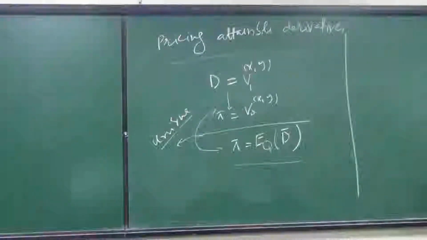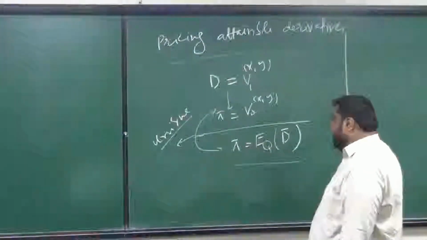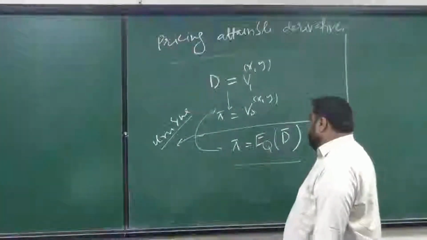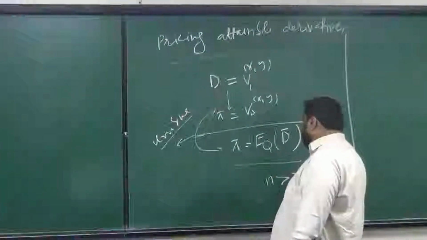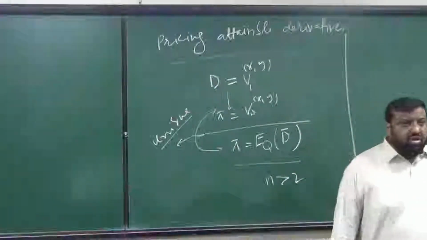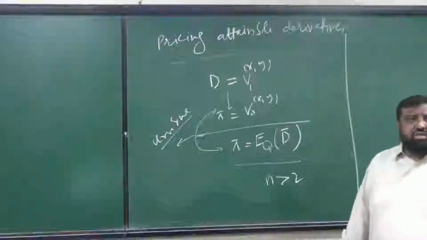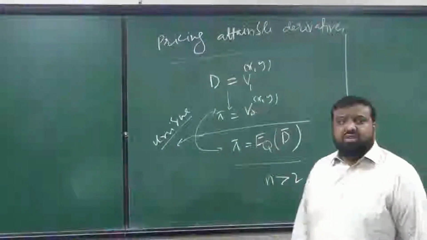And then we also did what we call the second fundamental theorem of asset pricing, which says that if n is bigger than 2, in other words, if your model involves more than 2 scenarios, then your model is not complete.